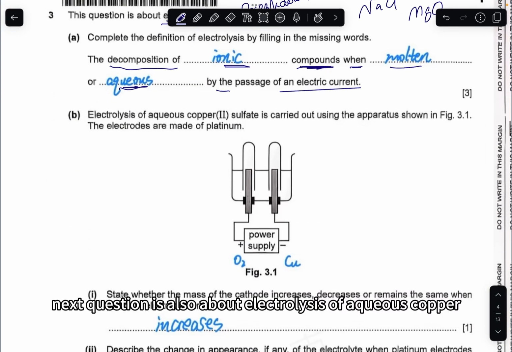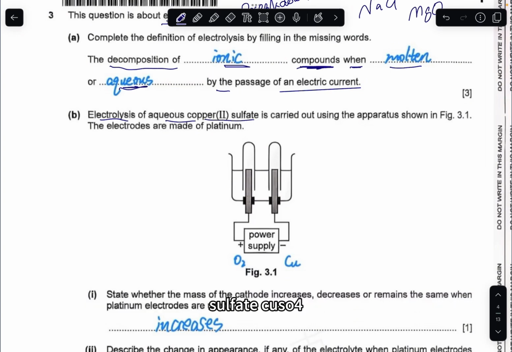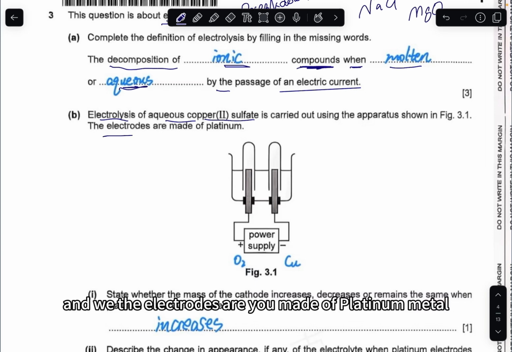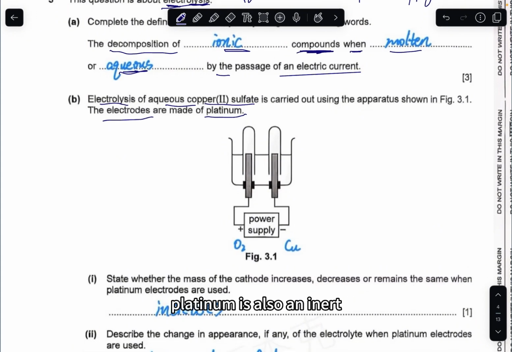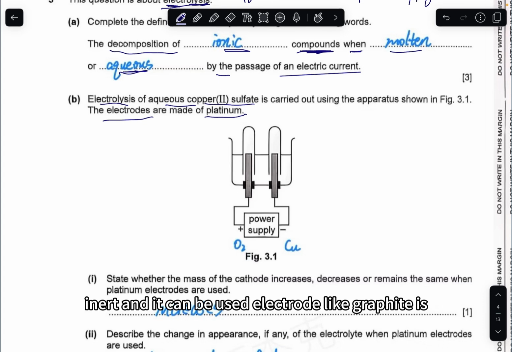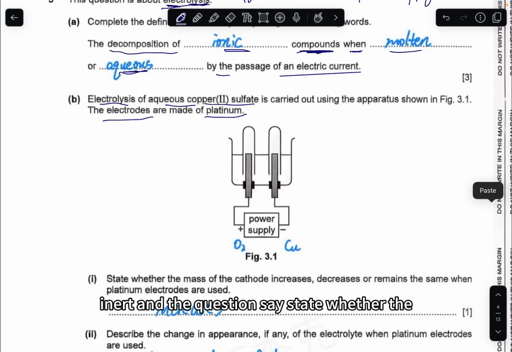Okay, so the next question is also about electrolysis of aqueous copper sulfate, CuSO4, and they show us this diagram, and the electrodes are made of platinum metal. Platinum is inert, and it can be used as an electrode like graphite, which is also inert.